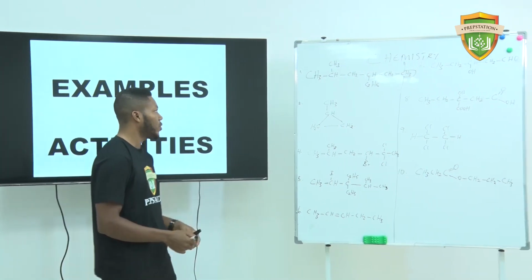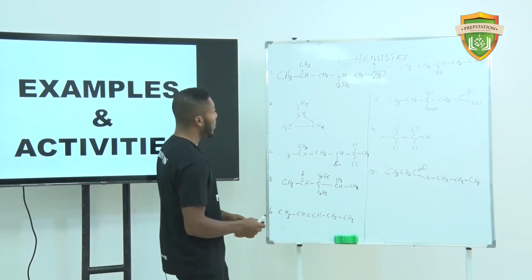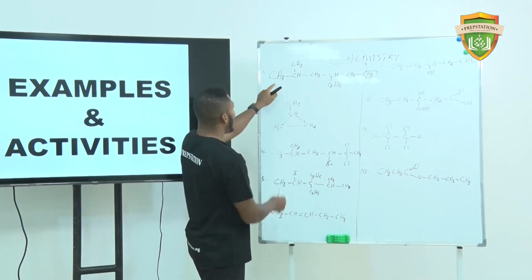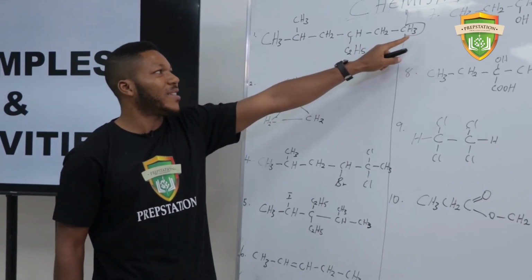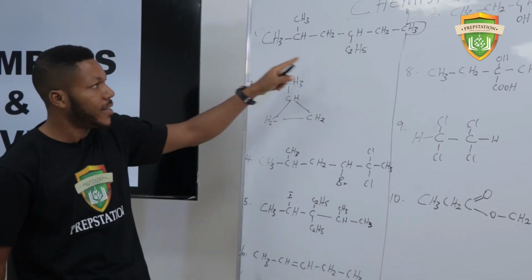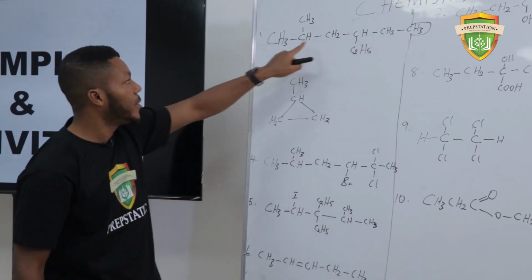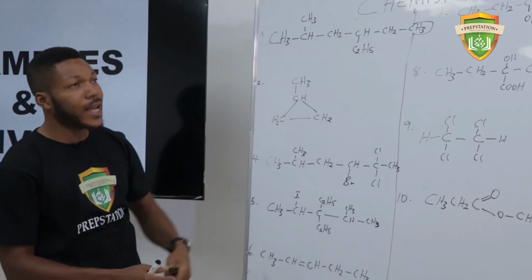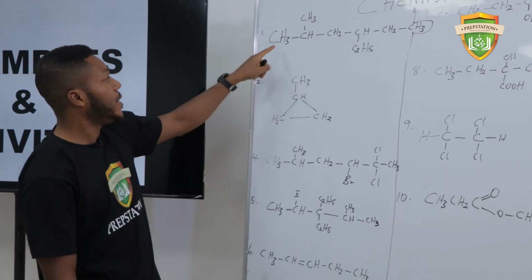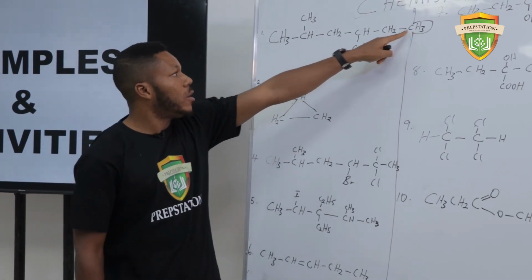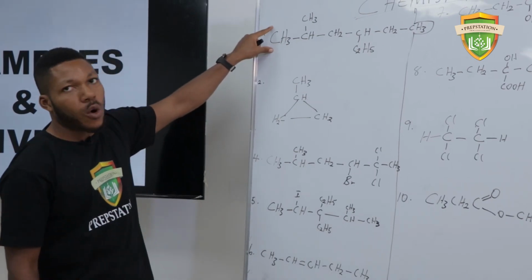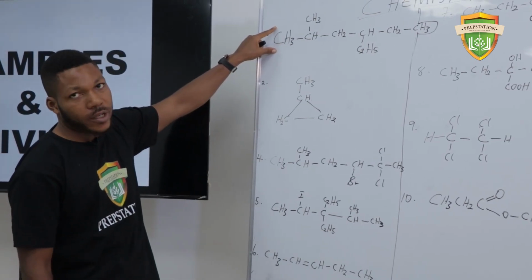Now let's take a look at the first one. We have 1, 2, 3, 4, 5, 6 carbon atoms as a straight chain. This is a straight chain hydrocarbon. Now the root or the parent hydrocarbon here is 1, 2, 3, 4, 5, 6, and this compound belongs to the alkane homologous series.